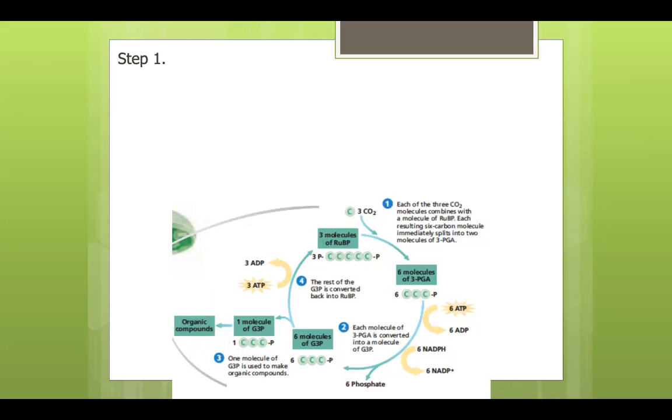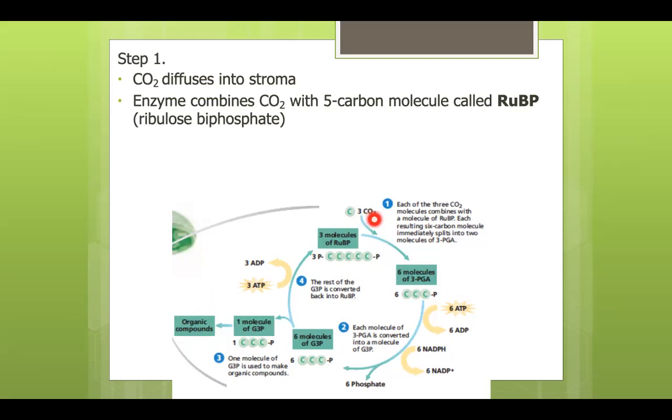Okay, so first step is CO2 is going to diffuse into the stroma, and an enzyme is going to combine the carbon dioxide with a 5-carbon molecule here called ribulose bisphosphate, or RuBP. So that's here, 1, 2, 3, 4, 5.